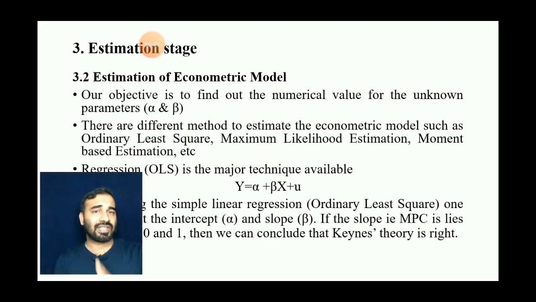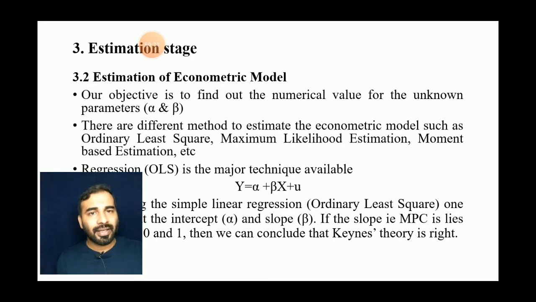Then what is next? Estimation. We have to do estimation. How to do estimation? What is estimation? Estimation is nothing but, we have an econometric equation where alpha and beta are parameters, and finding a numerical value for this alpha and beta is known as estimation.